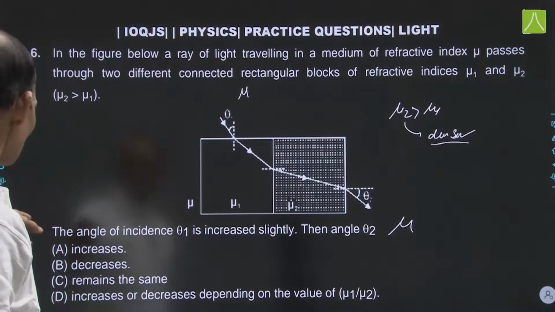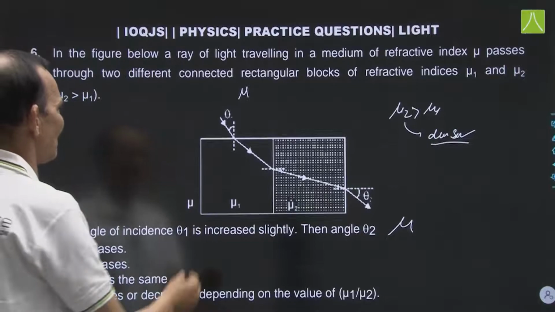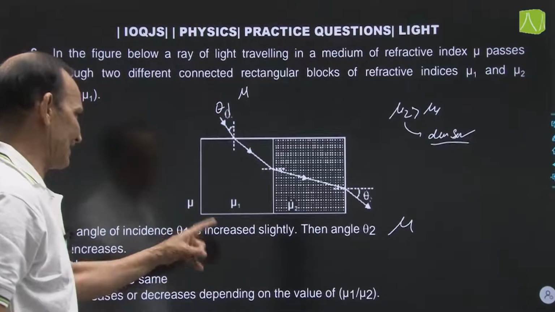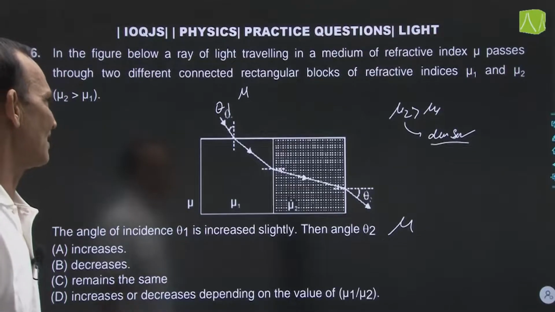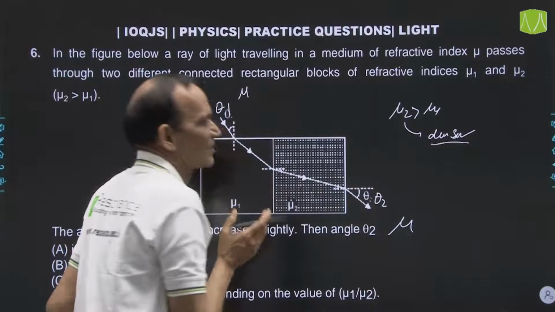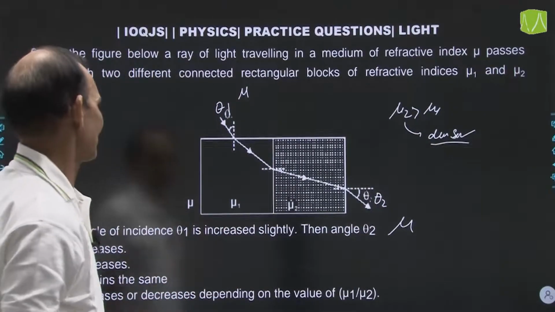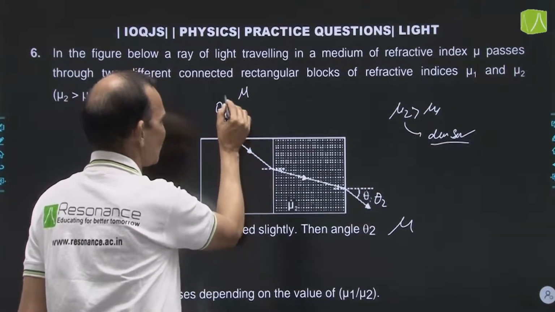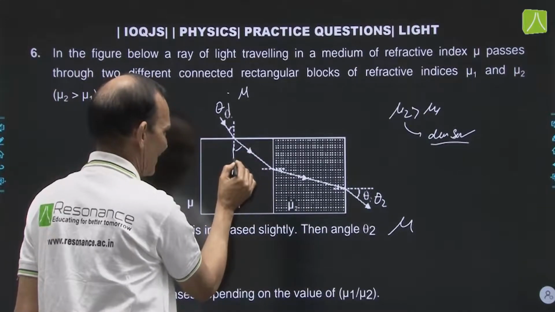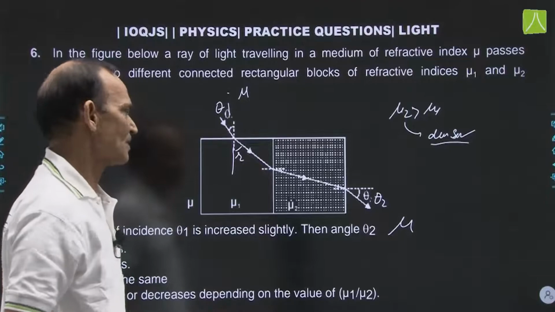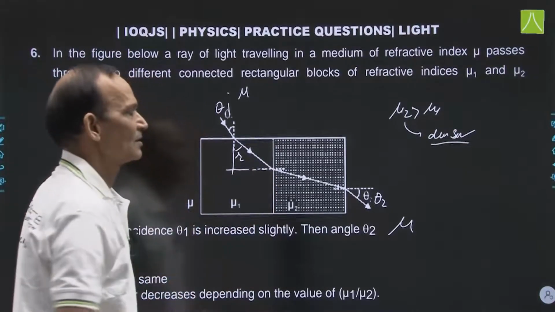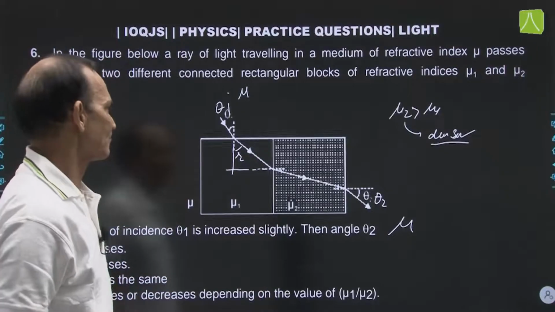Now the angle of incidence is theta 1. If theta 1 is increased slightly, then the angle theta 2, what is the effect on theta 2? Now think about this one. Light is moving from rare medium to denser medium, and the angle of refraction is r. If we complete, this is also the normal on this interface.